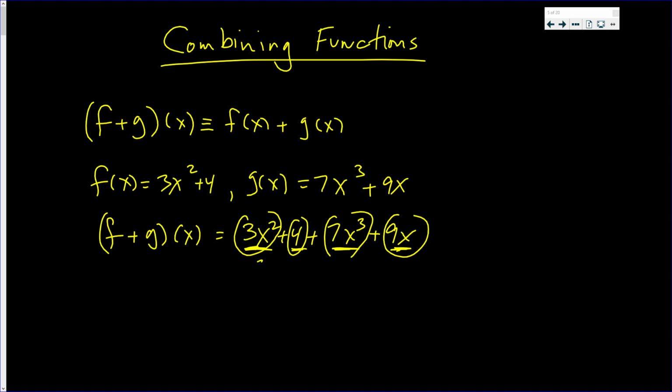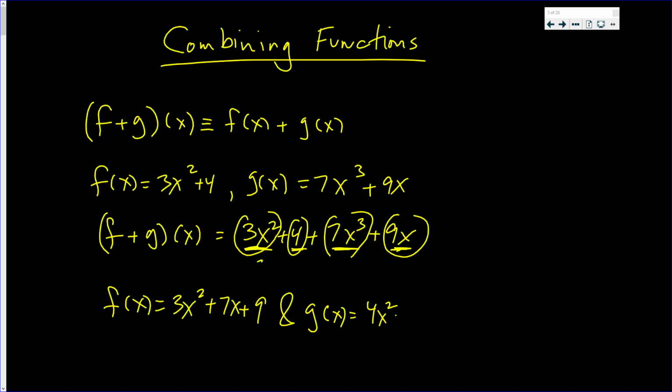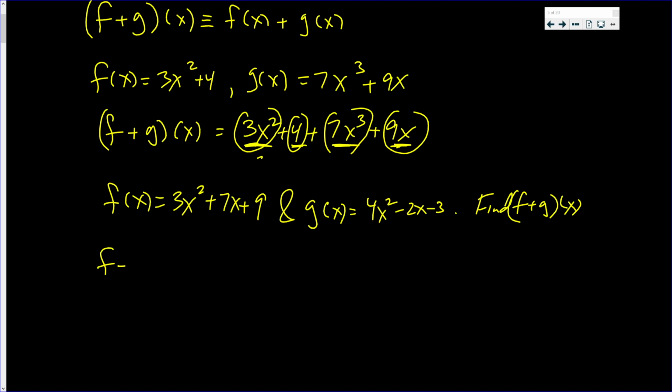If I were to tell you that f of x is 3x squared plus 7x plus 9, and g of x is 4x squared minus 2x minus 3, and I ask you to find f plus g of x, it's really simple. f plus g of x is f of x plus g of x.